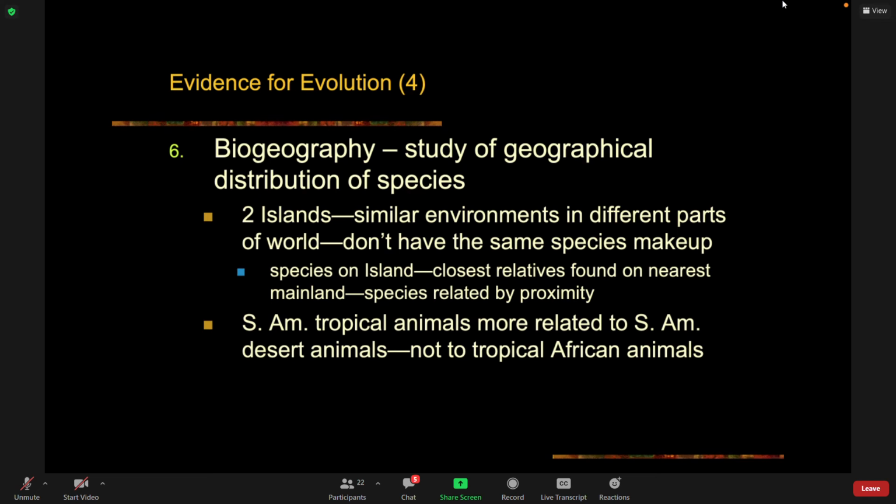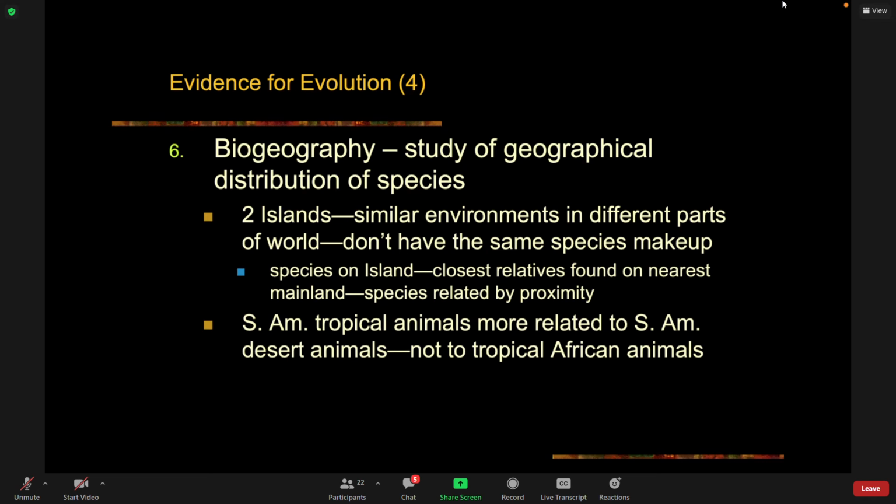In fact, the closest relative to a South American desert animal you would find somewhere else in South America, maybe in the Andes mountains, or in the tropical rainforests of the Amazon, or its closest relatives that are similar to it by anatomy might be in the Pampas in the south, in Argentina.